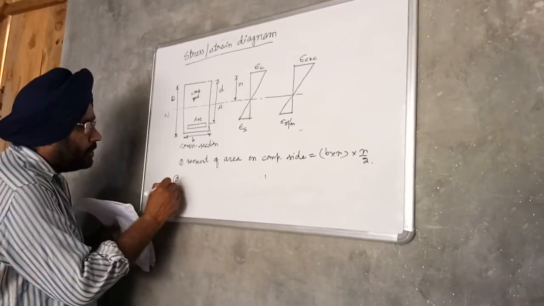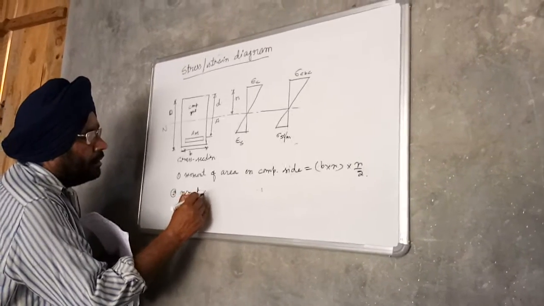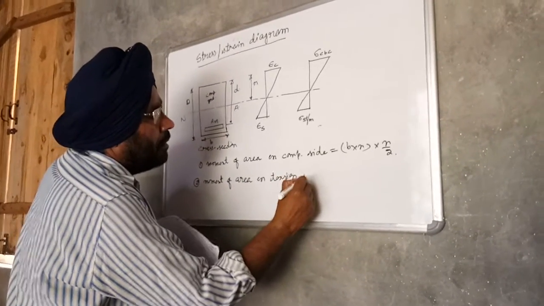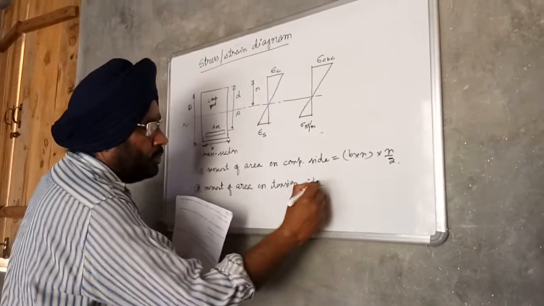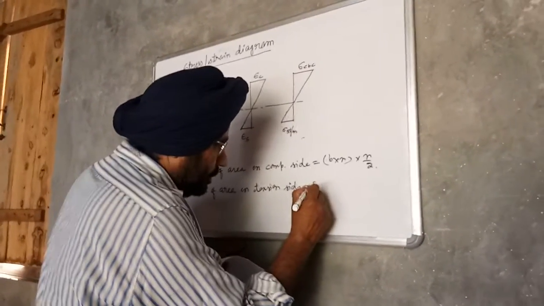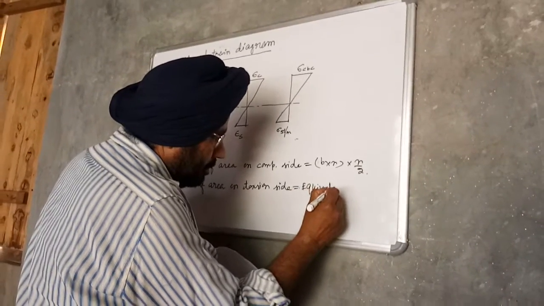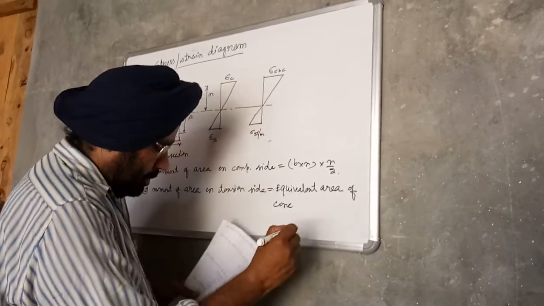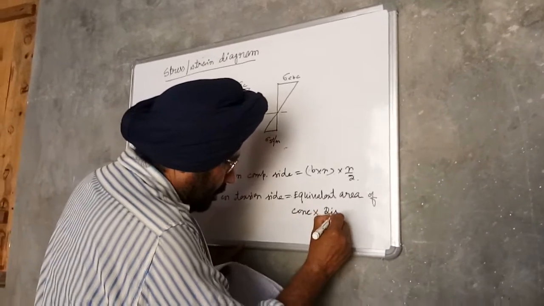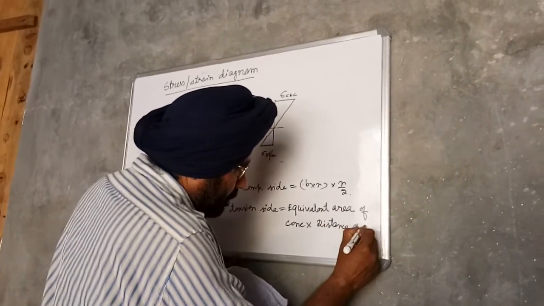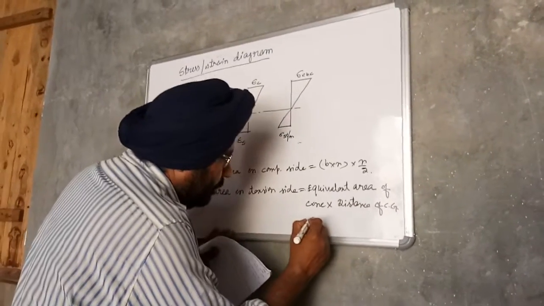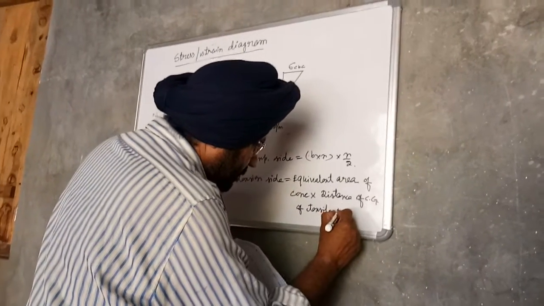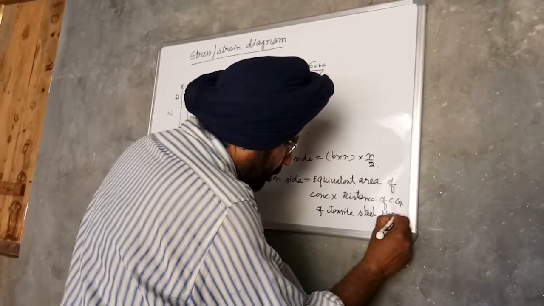Now the moment of area on the tension side is equal to the equivalent area of concrete into the distance of the CG of the tensile steel from the neutral axis.